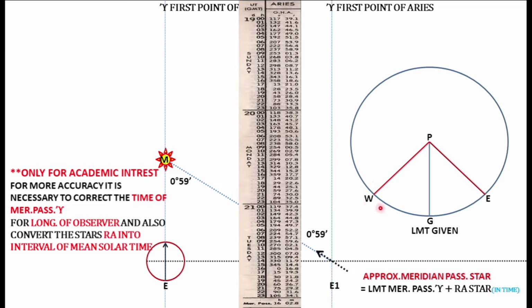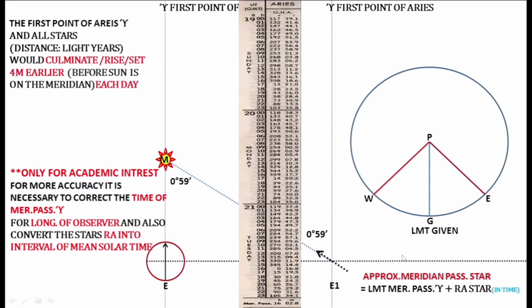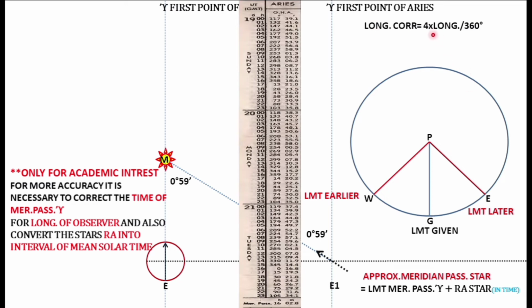Now here it comes 4 minutes earlier. The same LMT is applicable here also, but it comes 4 minutes earlier. So the LMT here would be 4 minutes earlier than the LMT given to me. And because here it has come earlier, that means the LMT here should be later than the LMT given here. So the longitude correction would be 4 minutes into longitude over 360.